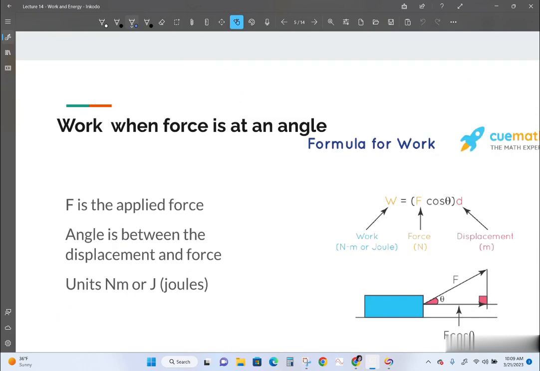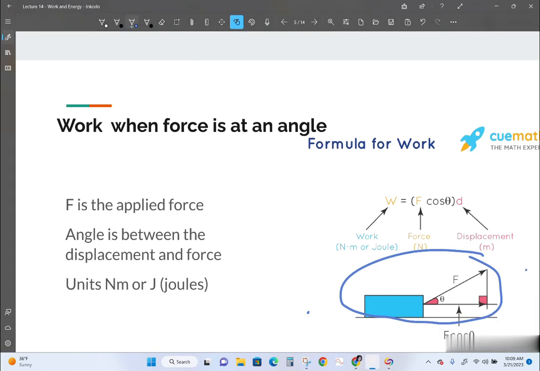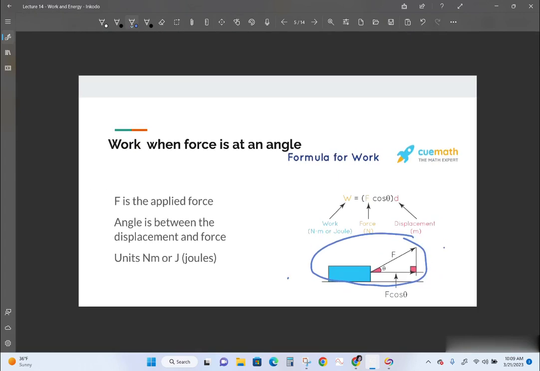So let's talk now about what happens if we pull a box with a rope. Let me just make this a little smaller so we can see the whole thing. When we pull it at an angle, it has an X component and it has a Y component. We're lifting up on the box and we're pulling it to the right.